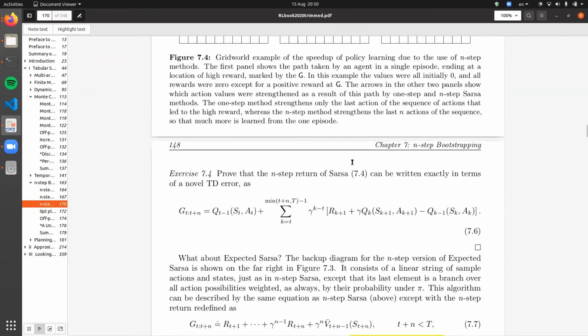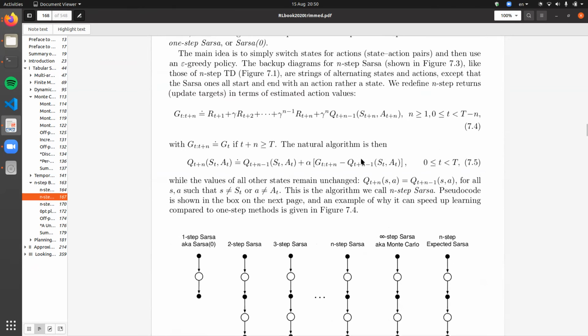So regular Sarsa was given here, in 7.4, right? And we had a sample. So we use the action value estimate for action at plus 1, which is a sampled action, right?